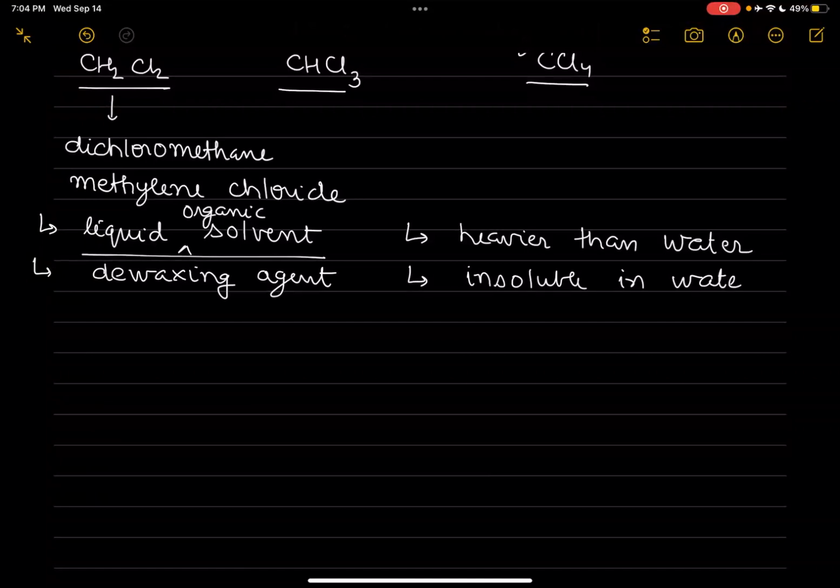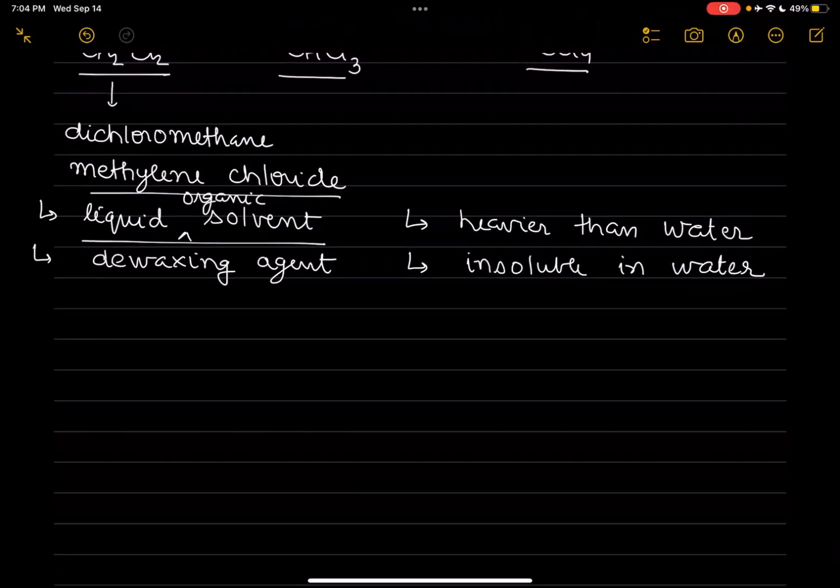That bond is stronger, and the bonds in this compound are not that strong, so it is not able to mix into water because water is more polar. It is not able to break those hydrogen bonds. So that's why it is insoluble in water.